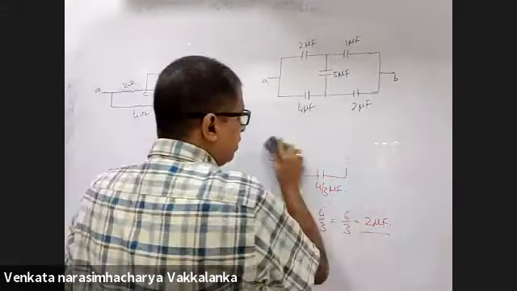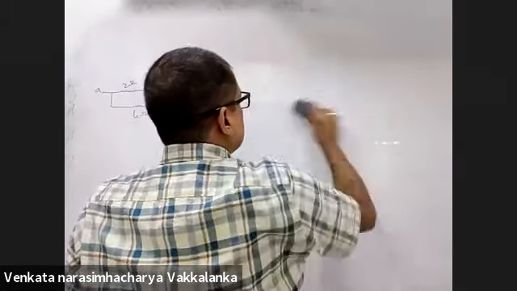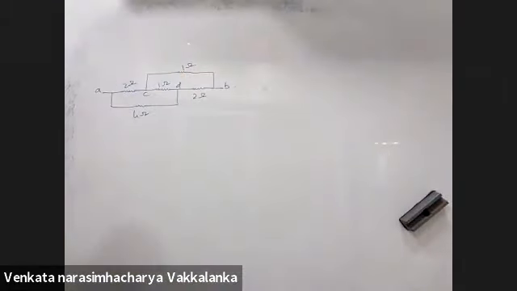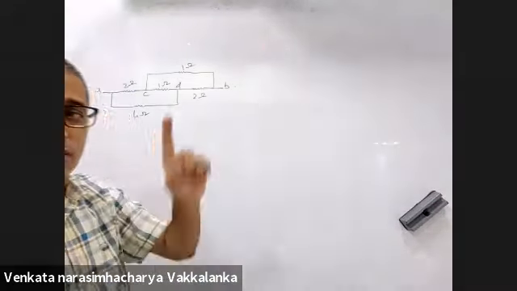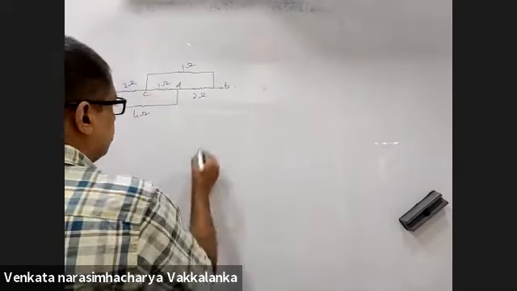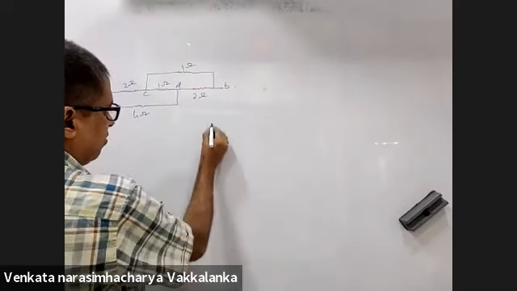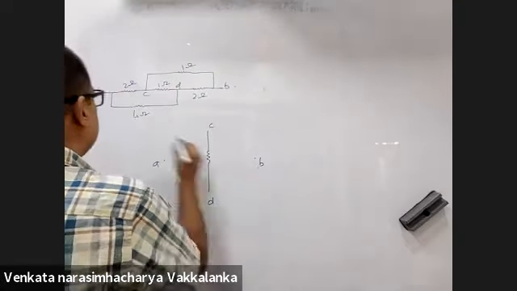You want the equivalent resistance across AB, right? Now rearrange this format. Whenever you see this hereafter, you should be able to recognize that it is a Wheatstone bridge. Rearrange this and show me that. I will take C and D here. I will take A and B here.